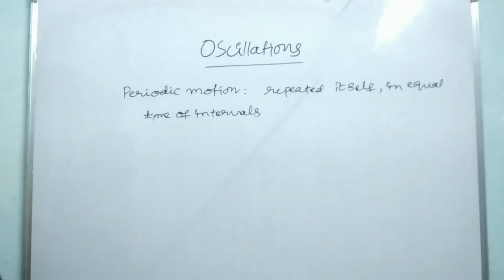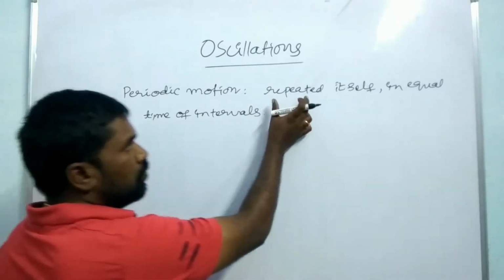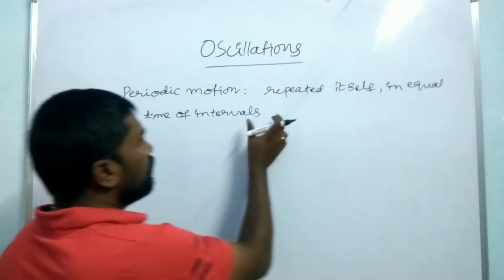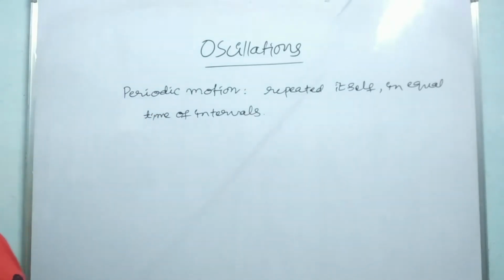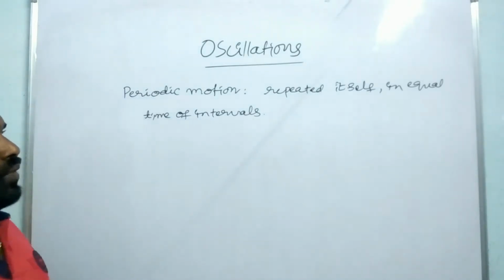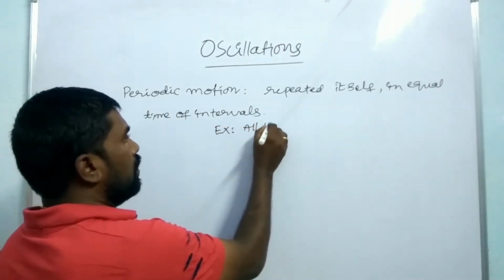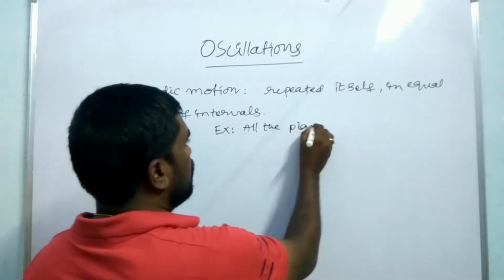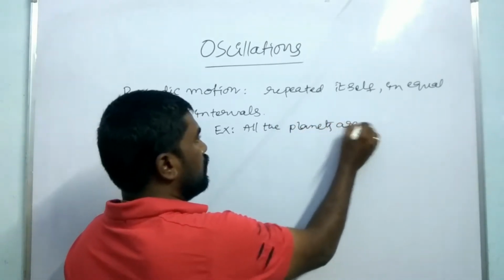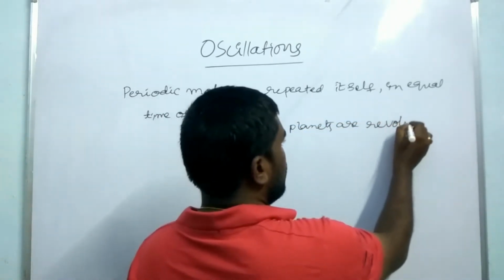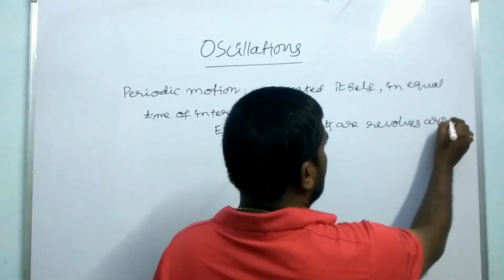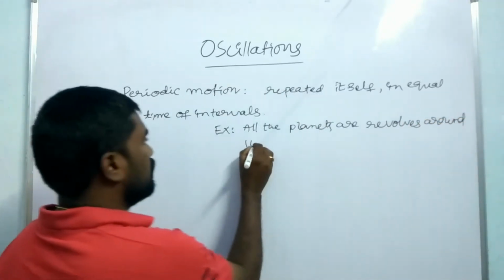So if the motion of a body repeats itself in equal intervals of time, then it can be said to be periodic motion. For example, all the planets revolve around the sun.